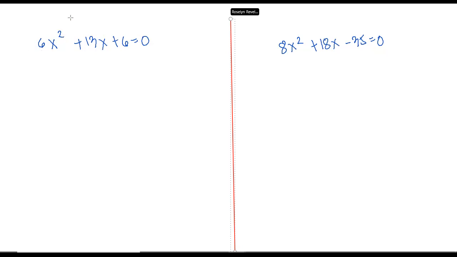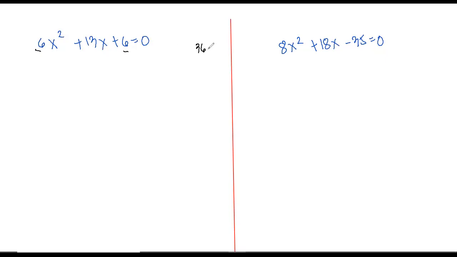So kapag meron tayong leading coefficient, we need to multiply the leading coefficient to the last term of the equation. So 6 times 6 is 36. So maghahanap po tayo ngayon ng factor ni 36 na kapag pinag-multiply, at kapag kinuha po natin yung sum, ay 13.